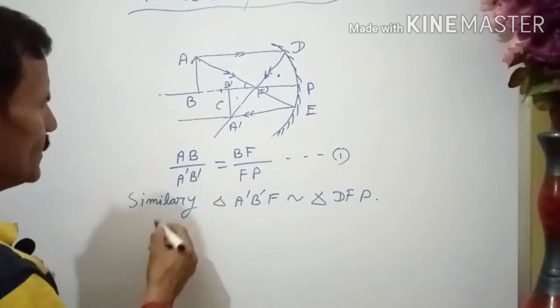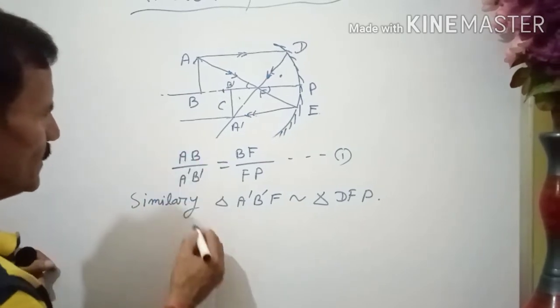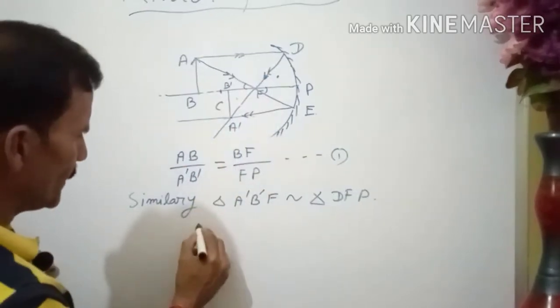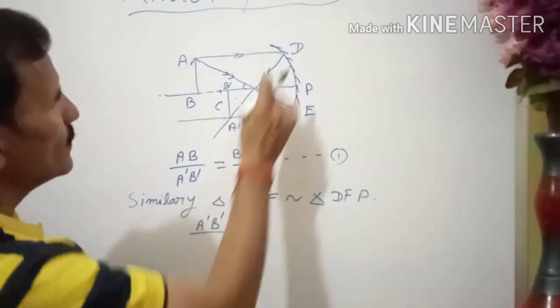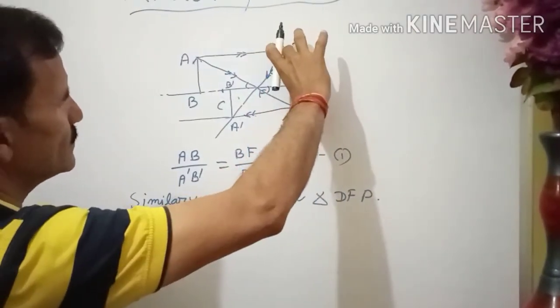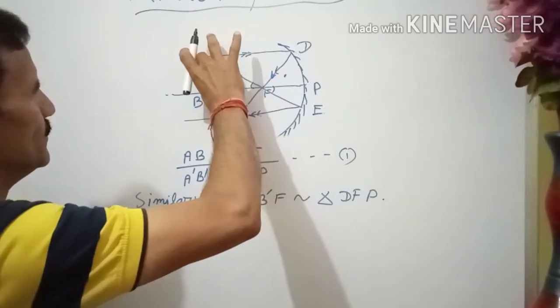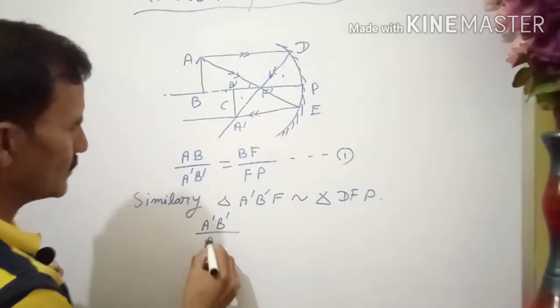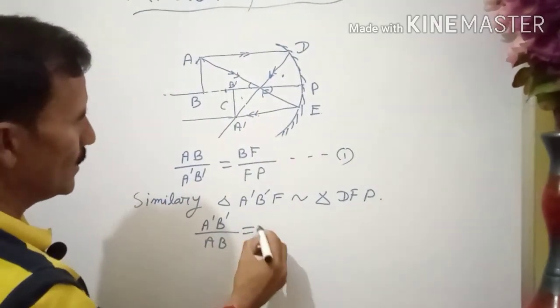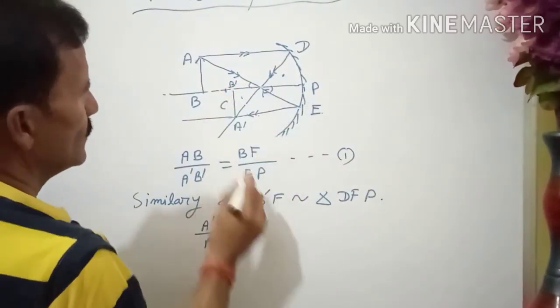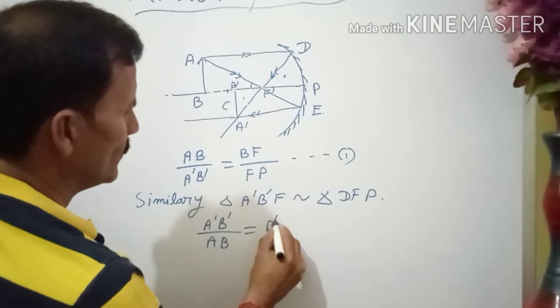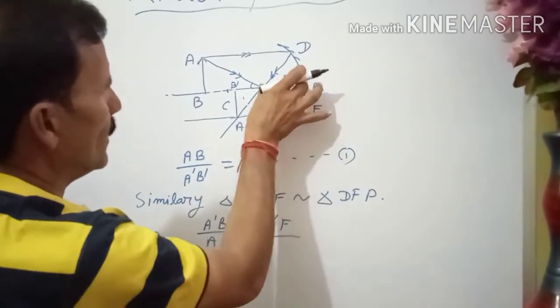Again take the ratio of corresponding sides. Here is A dash B dash upon DP. DP is almost equal to AB for the small aperture. So this is equal to, take the corresponding bases, B dash F upon FP.